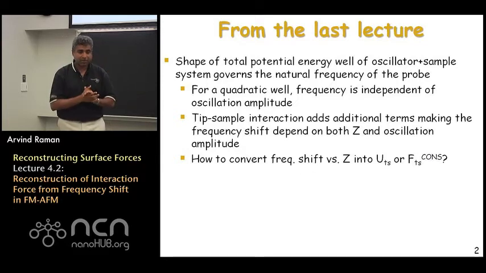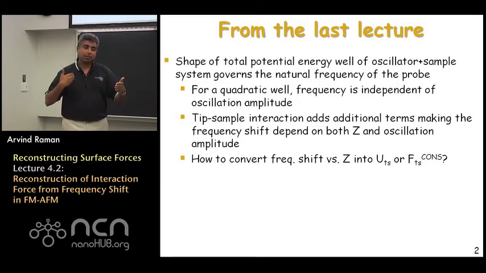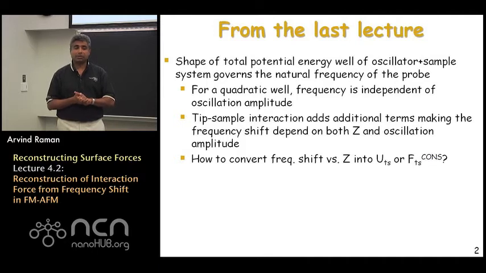As a result of all of these, we came to the conclusion that as one approaches the sample, the potential energy landscape changes in a manner which will typically cause the frequency shift to go negative, or the frequency to become less than the natural frequency, and then increase again due to the interaction forces. We also concluded that the shape of frequency shift versus Z is actually going to depend on the oscillation amplitude you tend to choose.